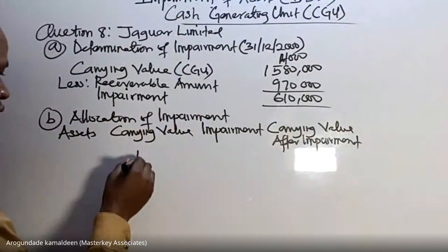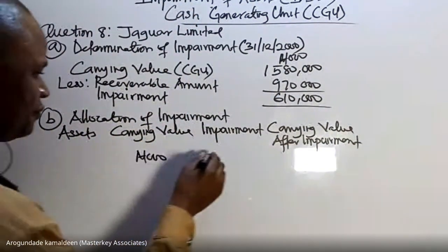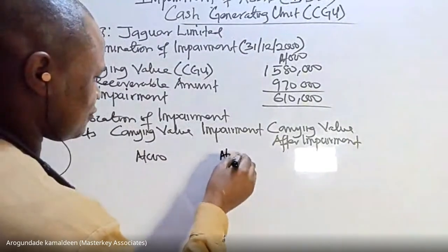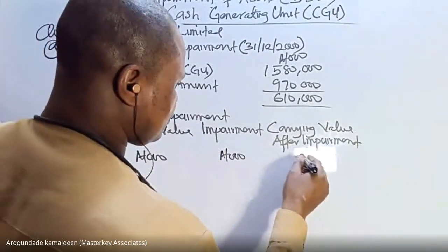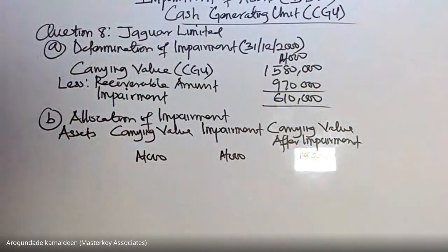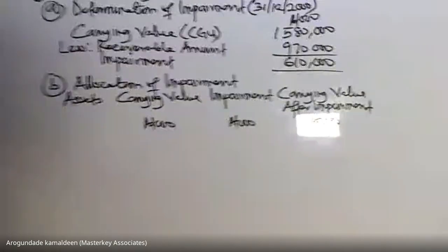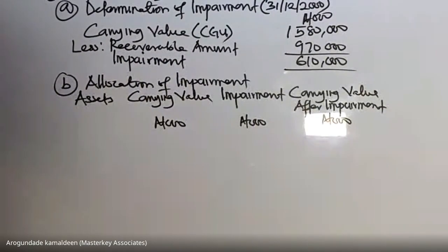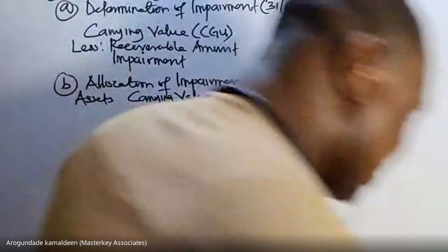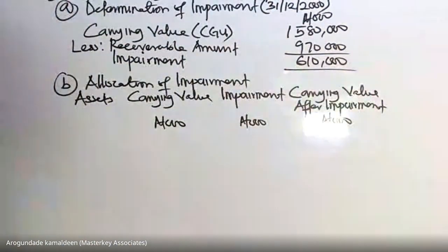So let's go one after the other. What you are going to do first, class, is you are going to state first the assets based on the original value.